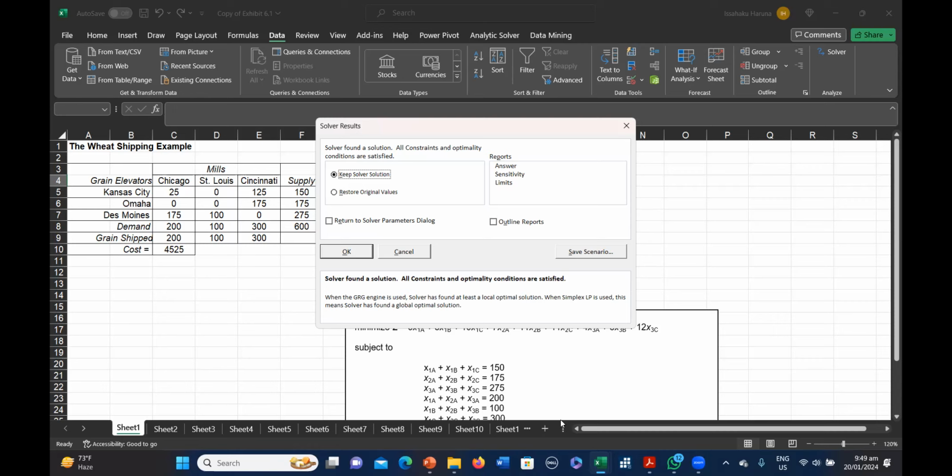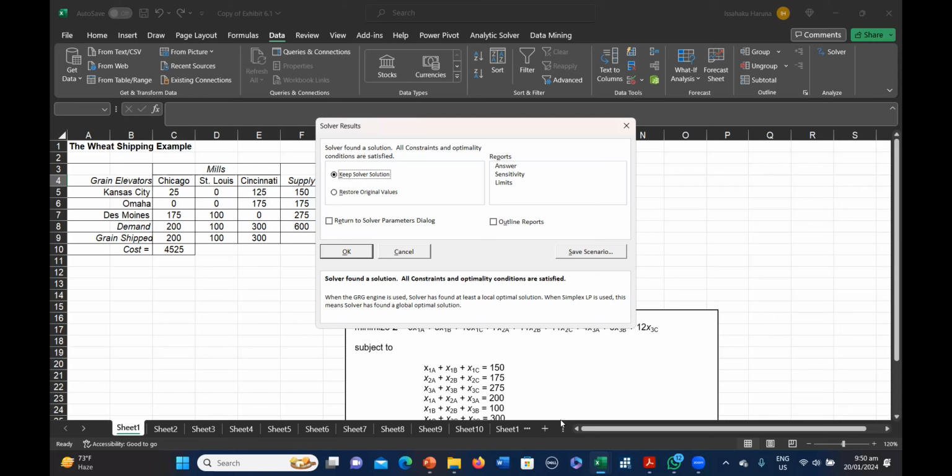Then you come to the constraints. I thought the constraint window was open.